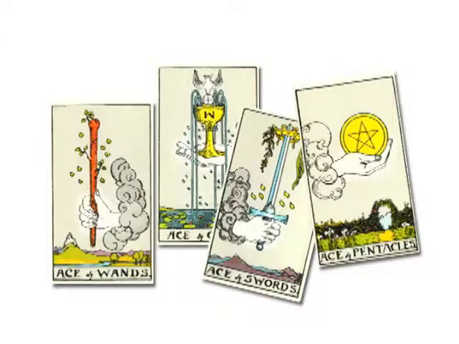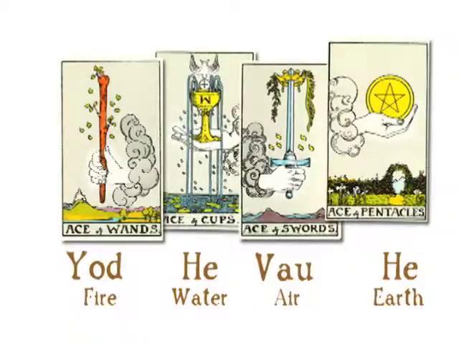It would be wands, cups, swords, and pentacles, because it is fire, water, air, earth. Right. And they also correspond each to a letter in the holy name. Yod, He, Vav, He. Yod, wands, which is fire.